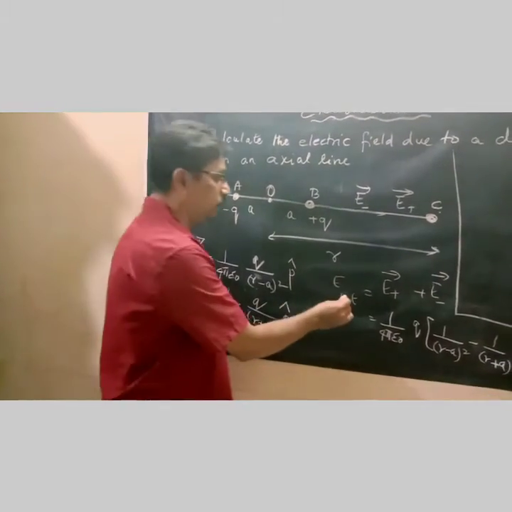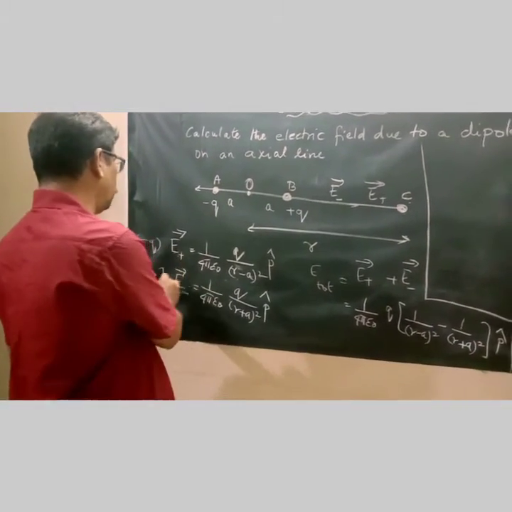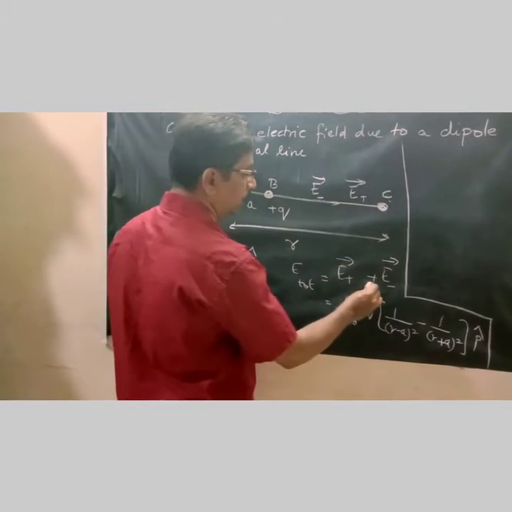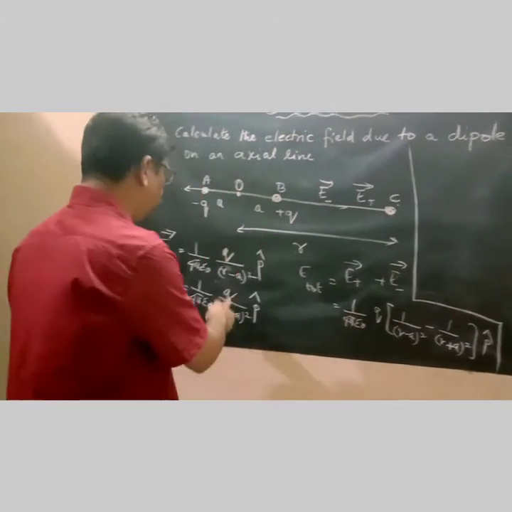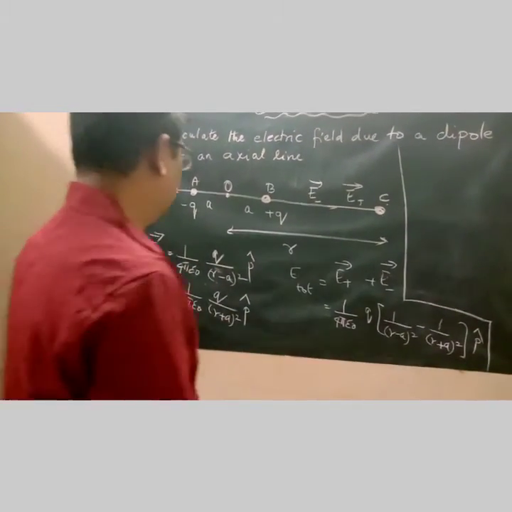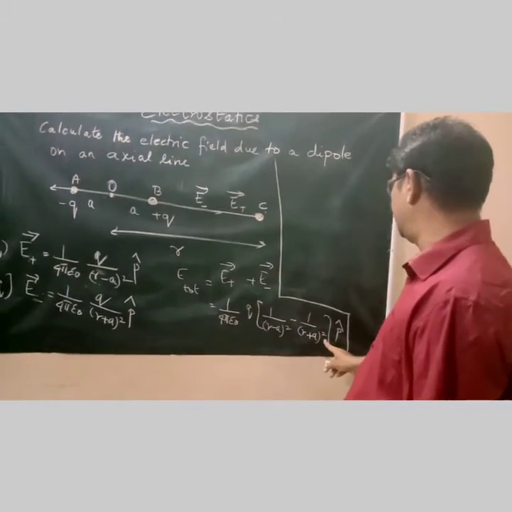Now we add the total. The field due to minus Q and plus Q is E plus plus E minus. So we add both values: 1 by 4 pi epsilon naught into Q, square bracket, 1 by R minus a the whole square minus 1 by R plus a the whole square.